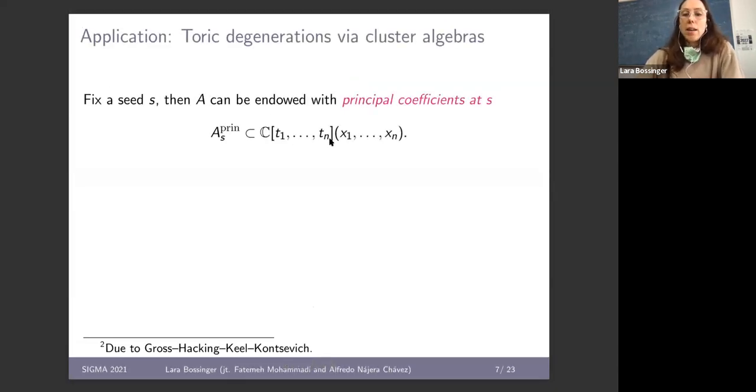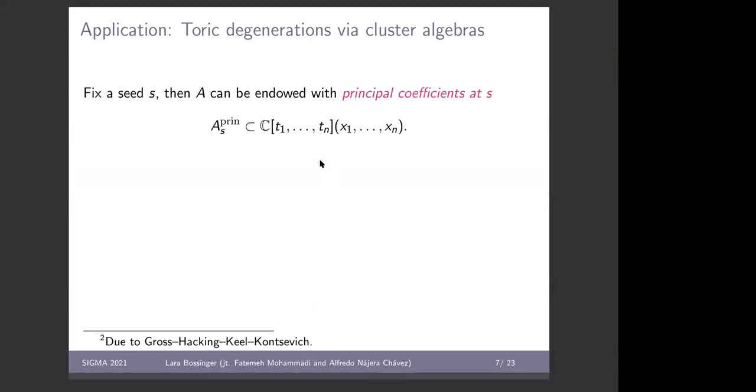So if n is the number of my cluster variables in one seed, then the cluster algebra with principal coefficients lives inside the ambient field of the cluster algebra, which is the rational functions of the variables of any given seed. But the coefficients are now polynomials in the additional variables.